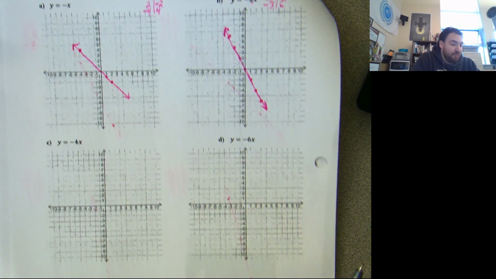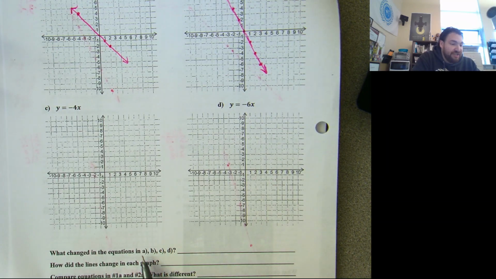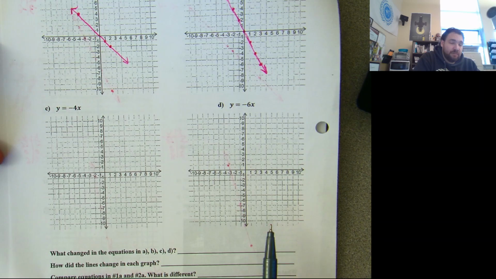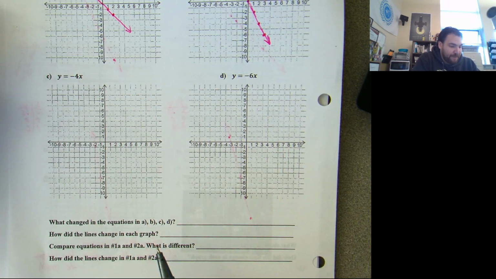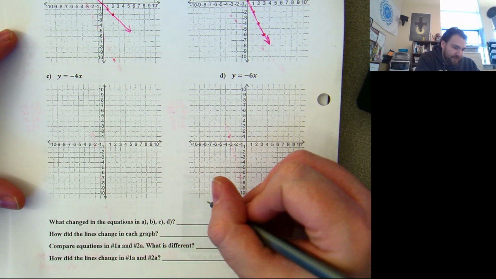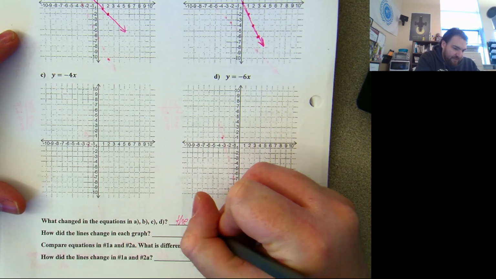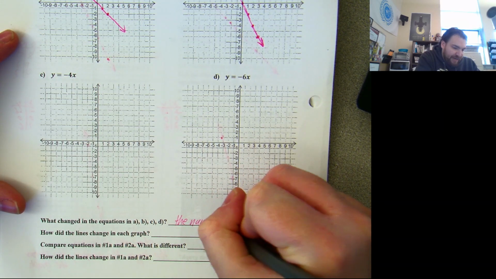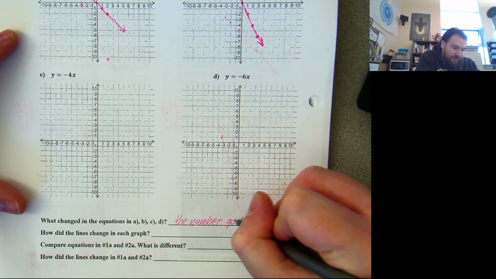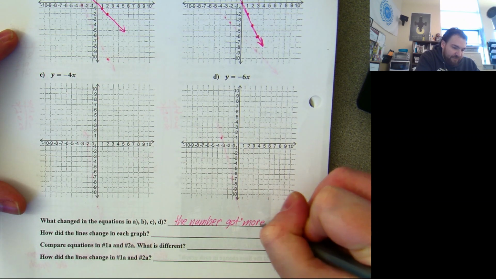Okay, so what changed in these equations? Or in these graphs, rather. In equations A, B, C, and D, the number was getting more negative. The number got more negative.